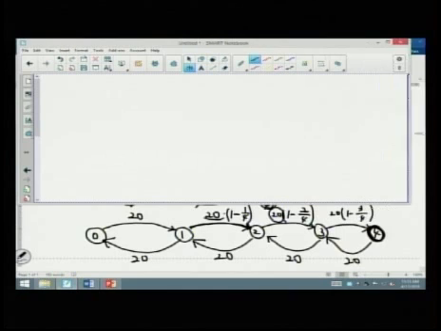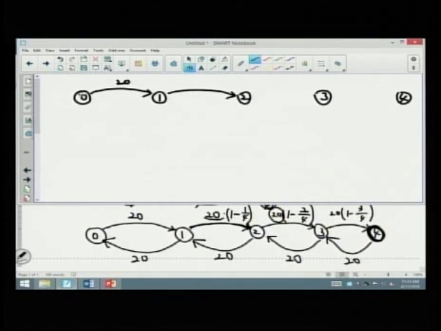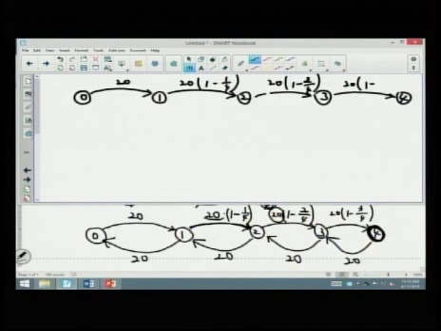So I can redraw the transition diagram. I can copy here 0, 1, 2, 3, and 4. This goes to 20, 1 minus 1/4, 20, 1 minus 2/4, 20, 1 minus 3/4.